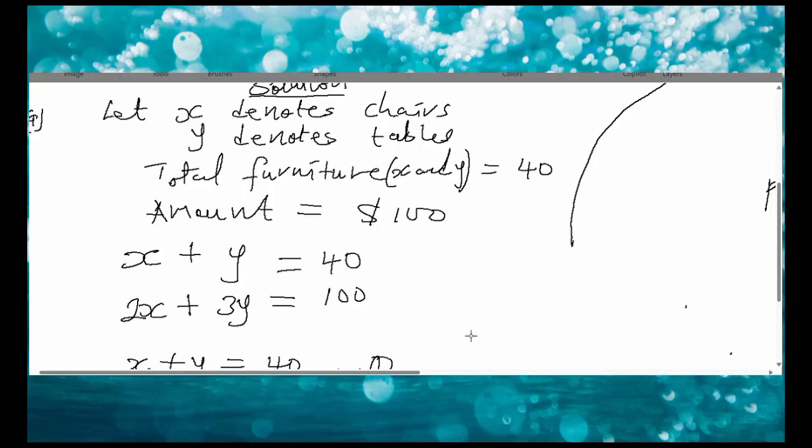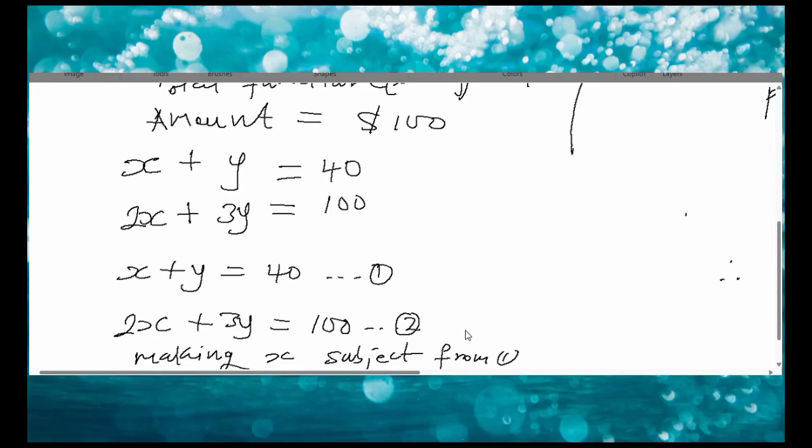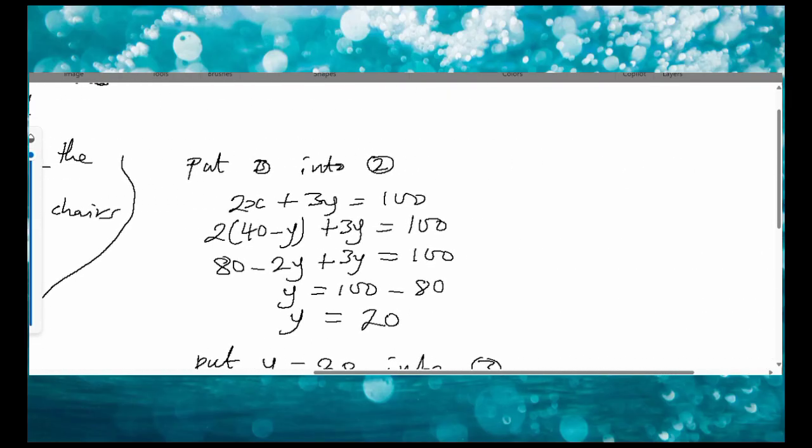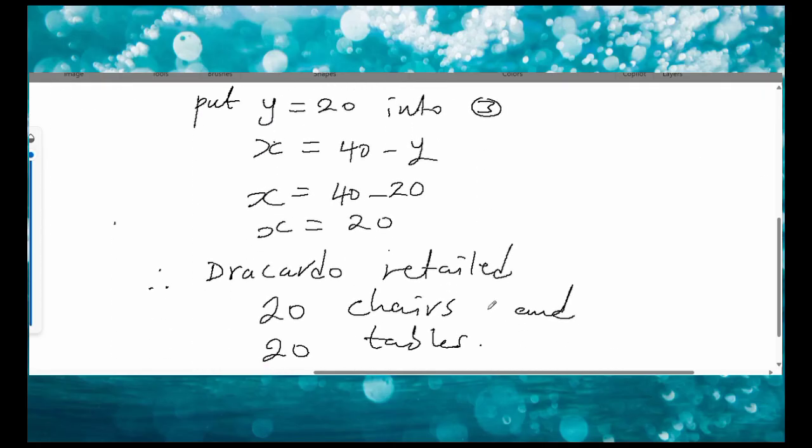And then we should solve them to find how many chairs and tables were retailed. Upon solving it, we had 20 tables and also 20 chairs. So that's all. We're done solving the question.